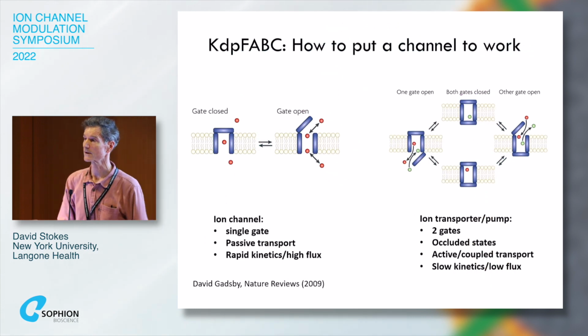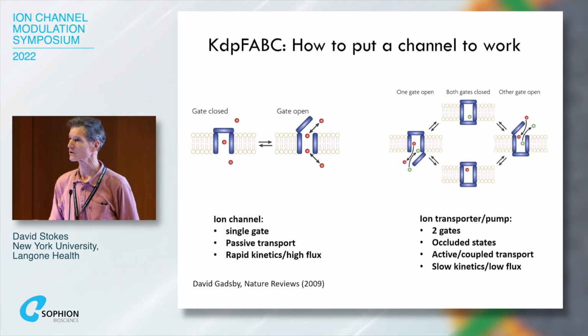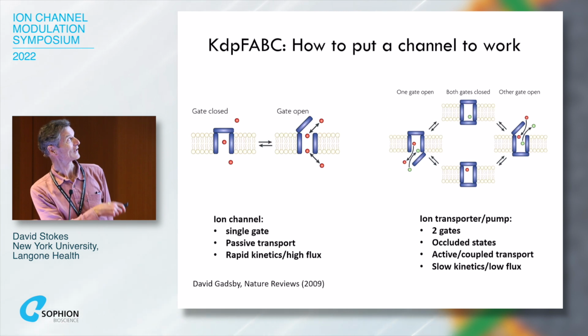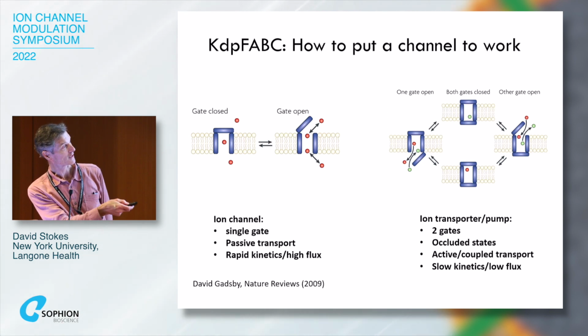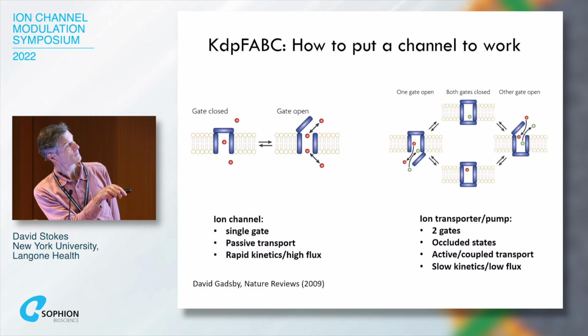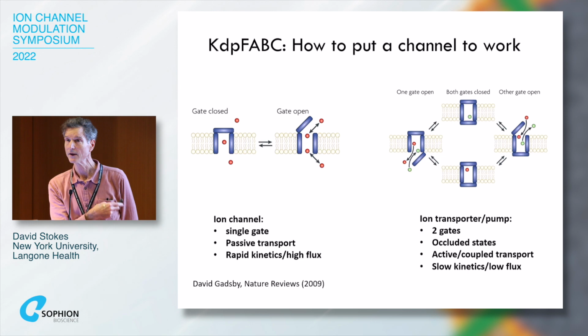Okay, so this is pretty basic. If you were medical students, I'd spend a long time on this slide, but I thought I would honor David Gadsby, whom probably many of you know, and who was a good friend of mine, who pointed out very astutely that the difference between ion channels and ion pumps is that the channel just has a gate and lets the ions go through, down the membrane, down the gradient, whereas pumps need to have two gates and they need to have an occluded state in between in order to trap the substrates prior to releasing on the other side of the membrane, and that allows coupling to some kind of energy source.